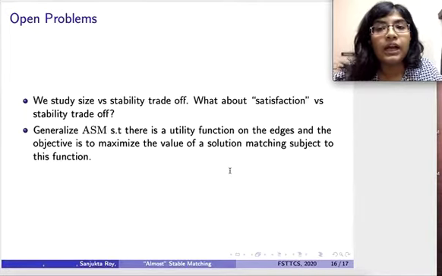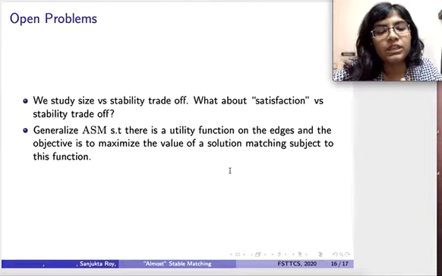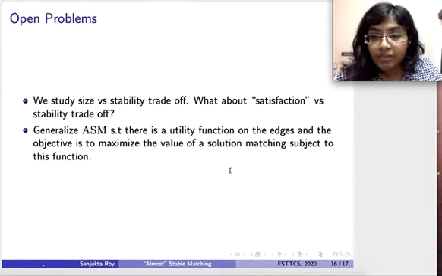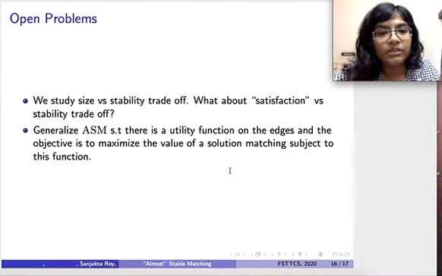Like I want to find a matching which is close to stable, that is, a small number of blocking edges, and attains maximum satisfaction, or attains a minimum value of satisfaction for each of the agents. Another problem could be generalizing this almost stable matching problem from size to maximizing a utility function. This is also on the same line as the previous question.